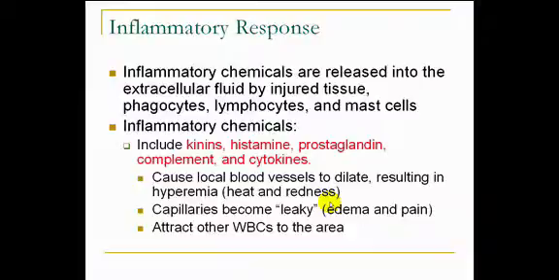But what these chemicals do is they cause the four signs of inflammation: redness, heat, swelling, and pain. They cause the local blood vessels to dilate. When your blood vessels dilate, you increase the blood flow to the area, which causes the heat, and it also causes the redness. We call that hyperemia, which means increased blood flow.